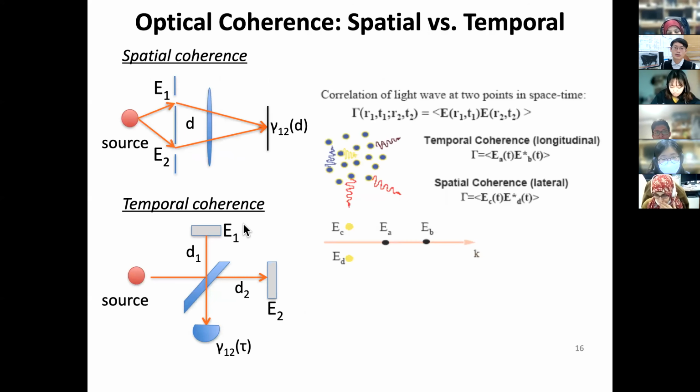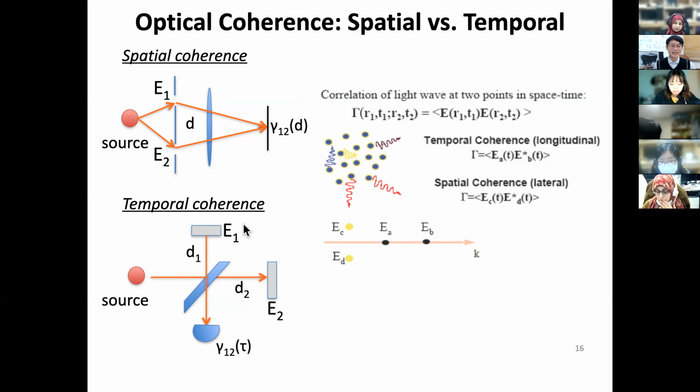Okay, so here comes more of a graphical representation. As I say, coherence length and coherence time. Now I want to describe spatial and temporal coherence.